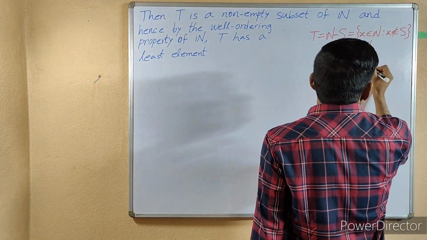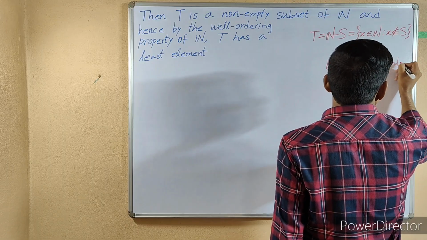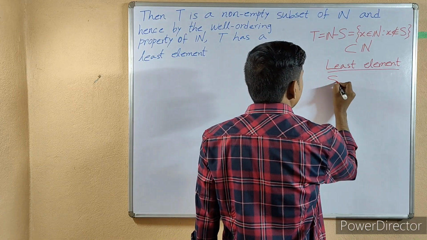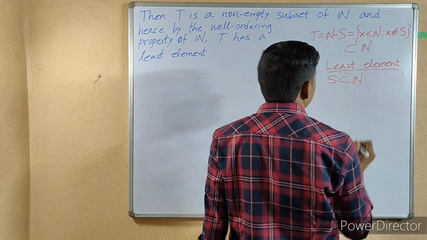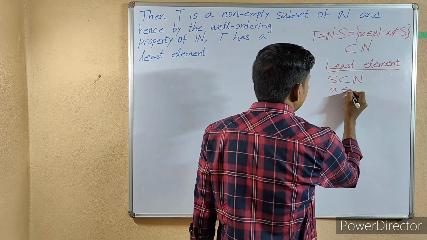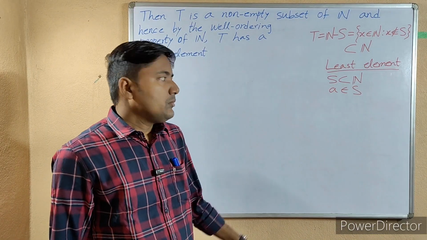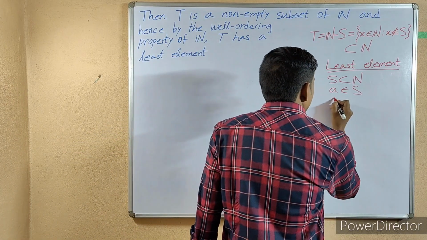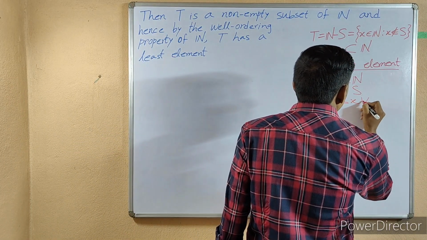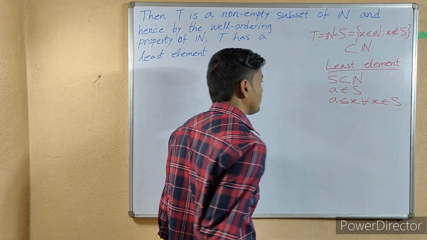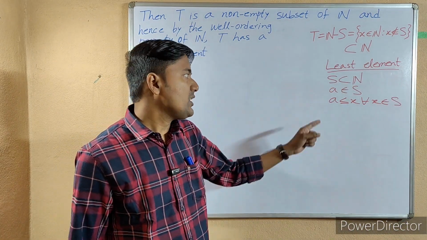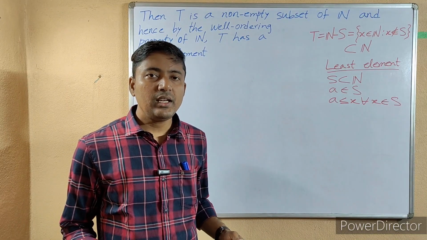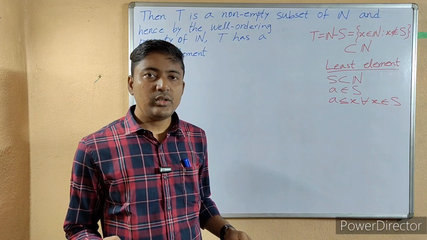Least element. Let S be a subset of N and A belongs to S. Then A is said to be a least element of S if A is less than or equal to x for all x belongs to S. That is the lowest number of the set S. We can say the least element instead of a least element because the least element is unique.